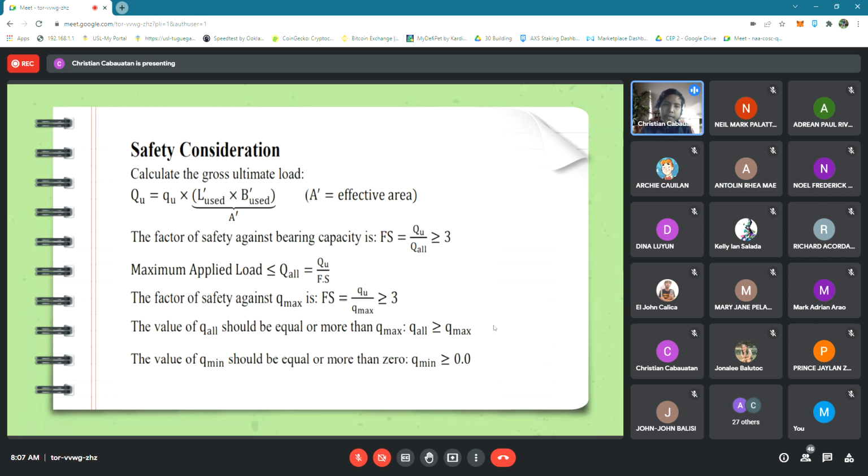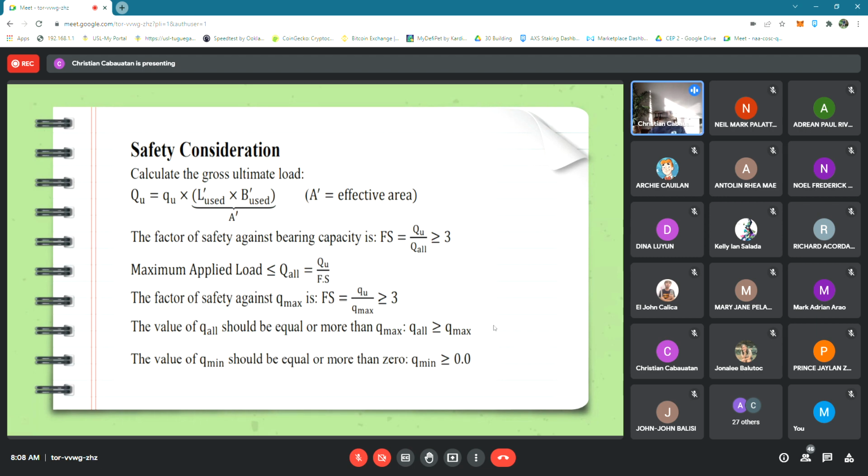If the maximum load, or Q max, is less than or equal to Q allowable, it is equal to QU over the factor of safety. And for the factor of safety against Q maximum, the factor of safety is equal to QU divided by the Q maximum, it should be greater than or equal to 3.